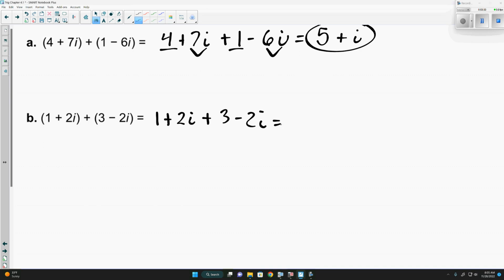Well, 1 plus 3 is 4. They're like terms. 2i minus 2i is 0. So we have 4, we could say 4 plus 0i or just 4. Either one is going to be the same answer.